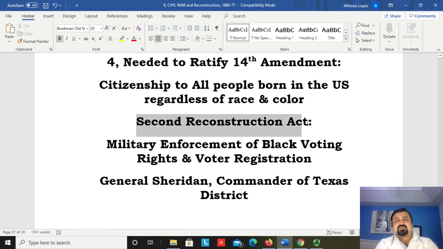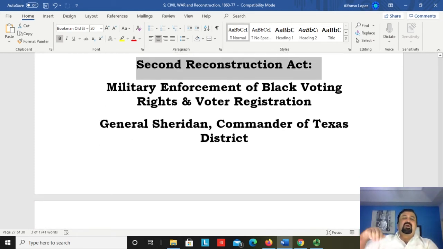Then the second Reconstruction Act, passed in the same year, brought about what is now called the voting process. Okay, the right to vote, military enforcement of all black voting. Again, the black population is now going to participate in the political process, the right to vote.